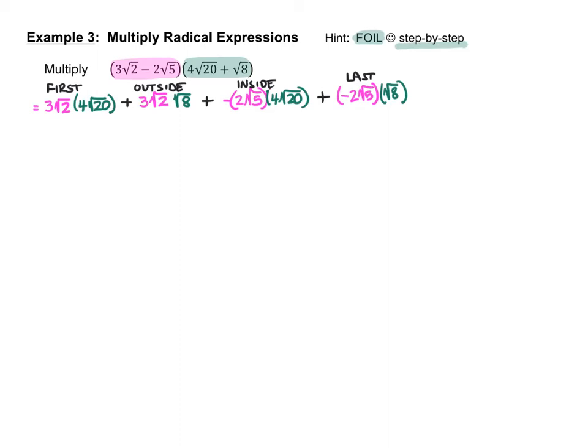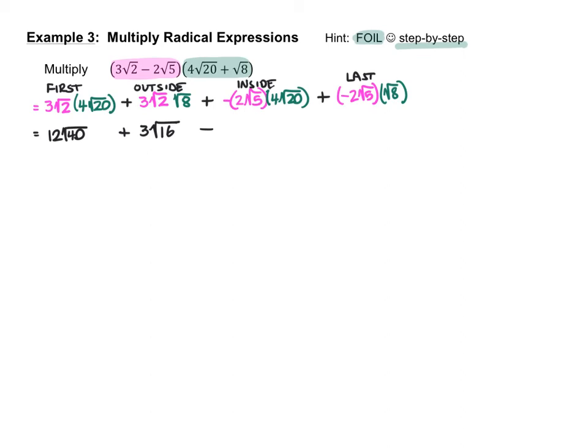So we're going to have 3 times 4, which is going to give us 12. And square root of 2 times square root of 20, which is going to give us square root of 40. Then we're going to have 3 times, there's no coefficient to the square root of 8, so we know that means it's 1. So 3 times 1 is 3. Square root of 2 times square root of 8 is square root of 16.